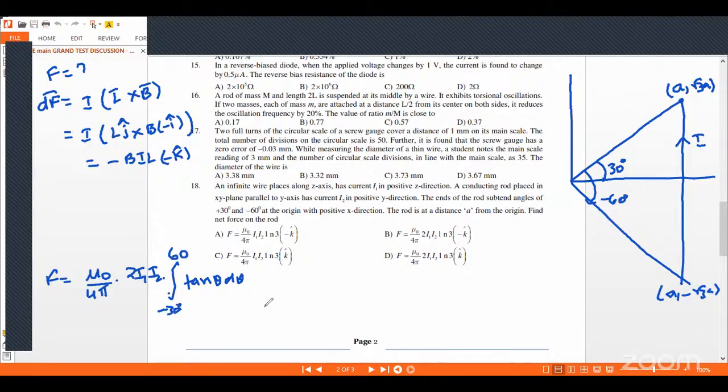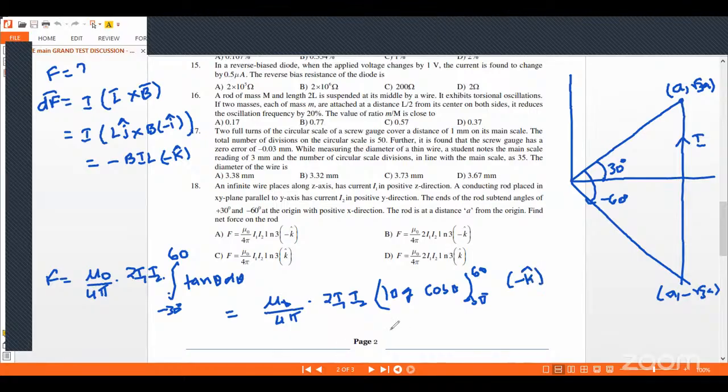Upon calculation, we get mu naught by 4 pi 2 I1 I2. The integral of tan x dx we can write as log modulus cos theta. So log cos theta between minus 30 degrees and 60 degrees, times minus k cap.